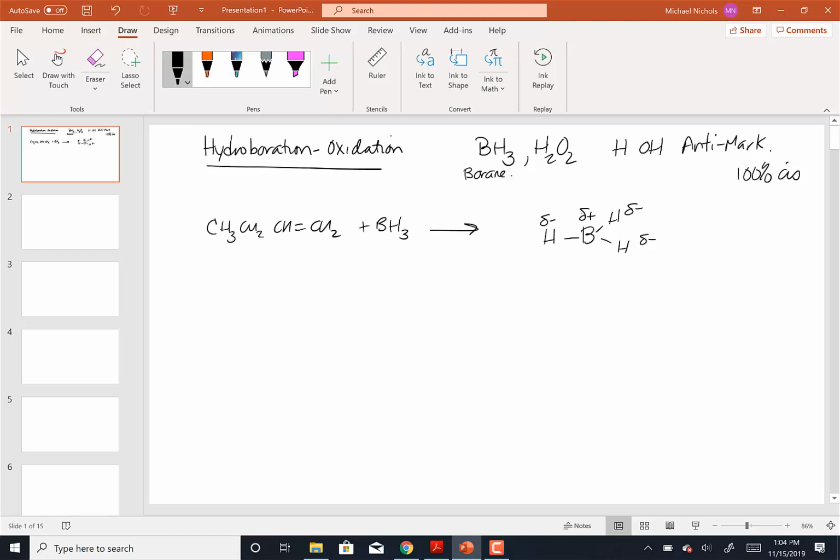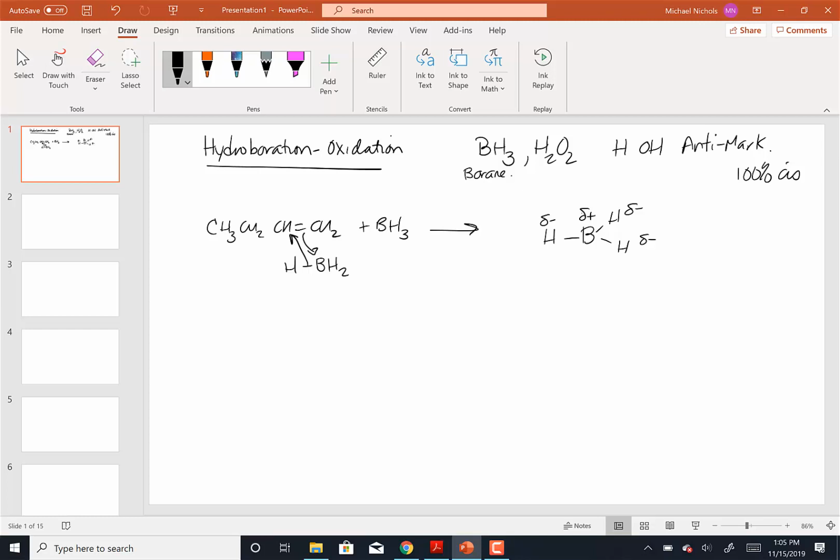What happens in this reaction is that I'm going to add the boron and the hydrogen to the double bond all in one step. You can imagine me orienting the molecule maybe like this. If the boron is delta positive, this pair of electrons will go to form a C-boron bond, and then the BH bond will break, and basically you'll add a hydride to the middle carbon.